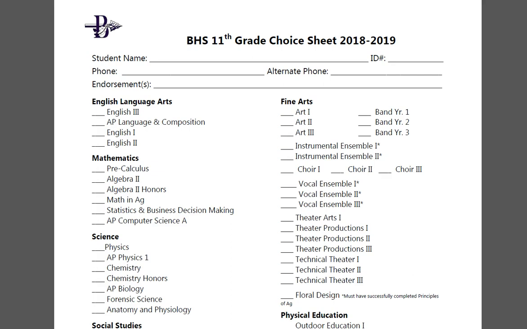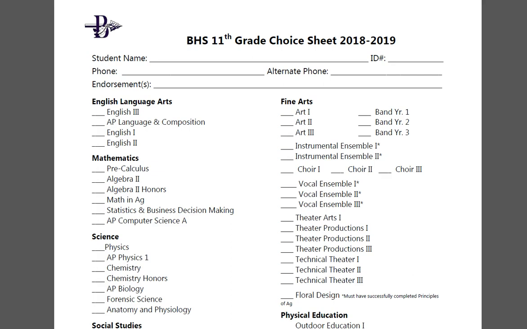If a student scores a 3, a 4, or a 5 on those exams, they will receive college credit. So that's how AP courses work. So with the English courses, kids will either sign up for English 3 or AP Language.